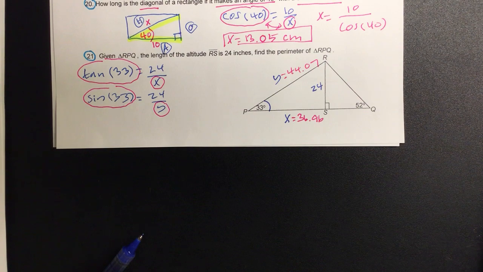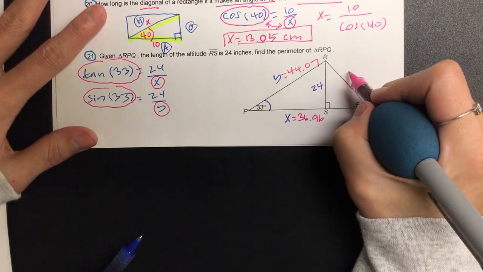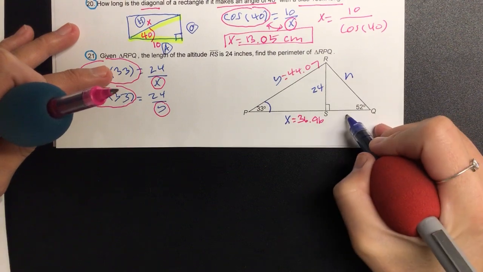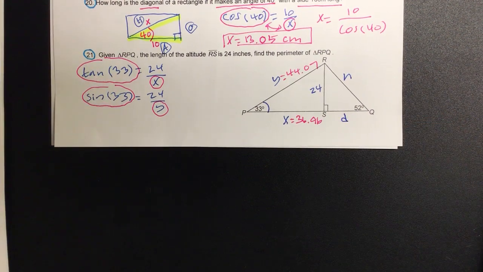Okay, with the partner, I want you to find the next 2 pieces. Let's call this one N. Let's call this one, I don't know, D. So you're now looking at the right piece.